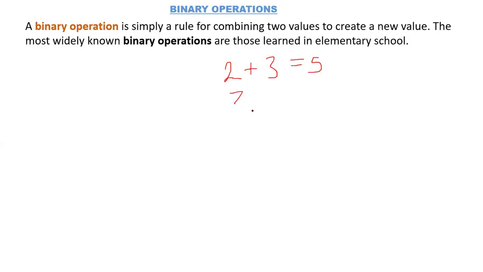Then if you have 3, and you also have 1, and you want to reduce this 3 by this 1 here, it means that you're going to subtract. So in this case, the operation that we have is subtraction. Then you get your answer 2 there. So this is basically the definition of binary operations.